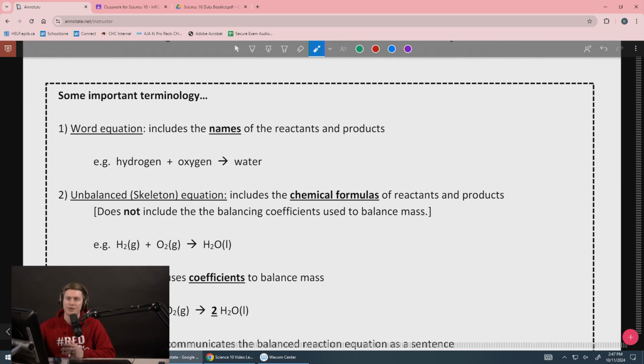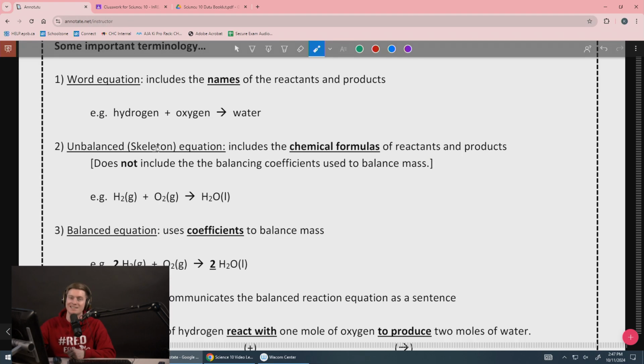There's a couple of different important terms here. A word equation includes the names of the reactants and the products. Hydrogen plus oxygen gives us water. That's an example of a word equation. Just the names. An unbalanced or a skeleton equation, you can use either of those, includes the formulas of the reactants and the products, but it does not include the balancing coefficients used to balance the mass.